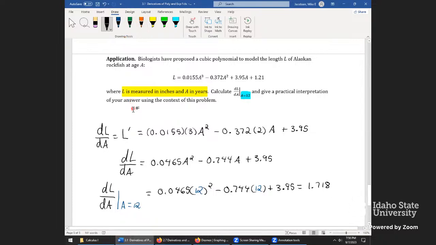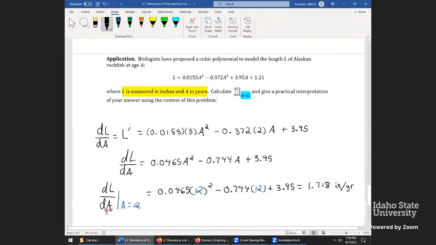One thing I didn't put in here, though, is now that I have this, the next thing we need to do is interpret our answer. And interpretations are always easier if we throw in the units. Anyone see what the units might be for 1.718? It'd be inches per year. Good call. The inches come from the numerator and the year comes from the denominator.